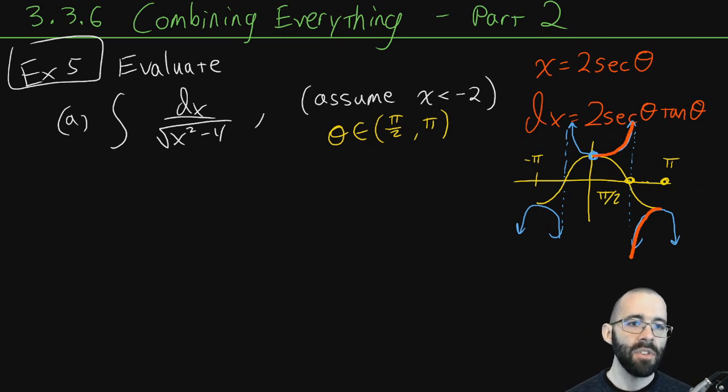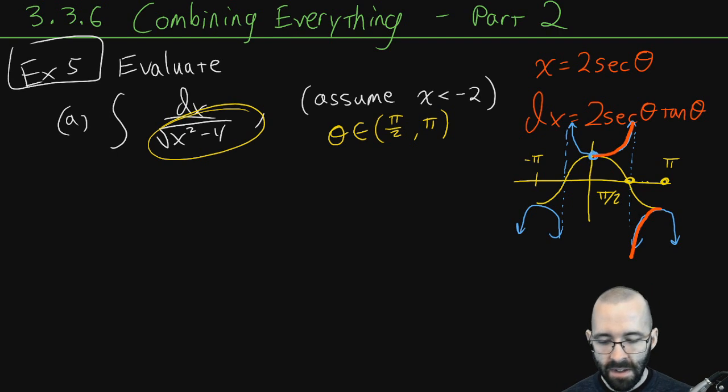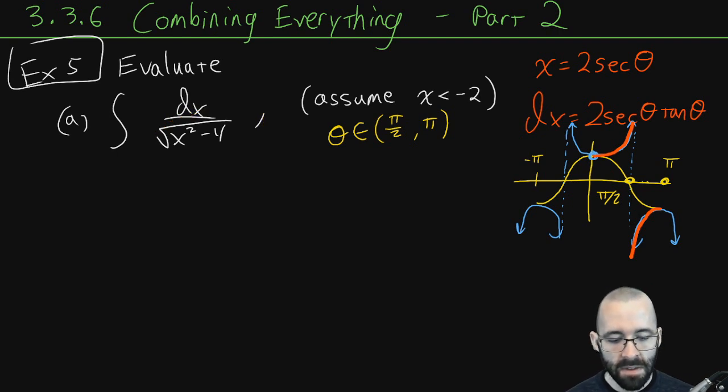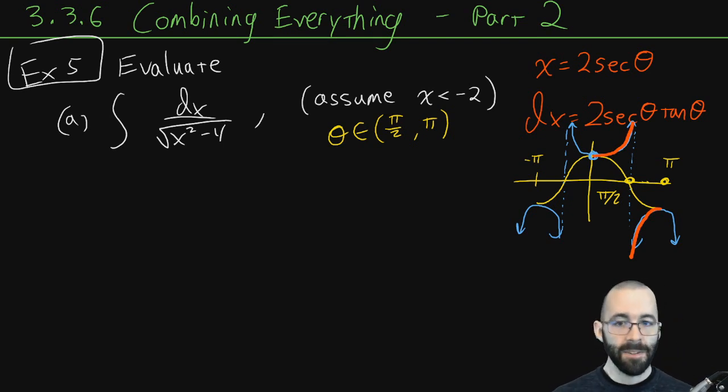Okay, so those are the two pieces for secant, depending on whether x is positive or negative. And remember, x can't be between -2 and 2, because then we'd have an imaginary number. So that's very important to know. That's going to tell us that we're in the second quadrant. Cosine will be negative, sine will be positive, and tangent will be negative in that second quadrant. So let's see where things go from there.